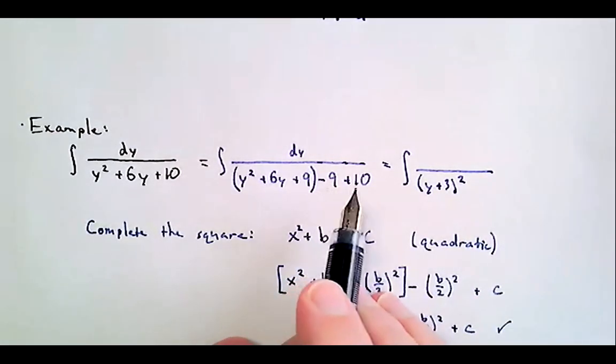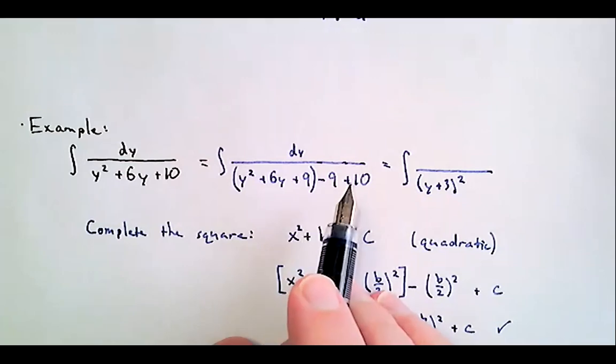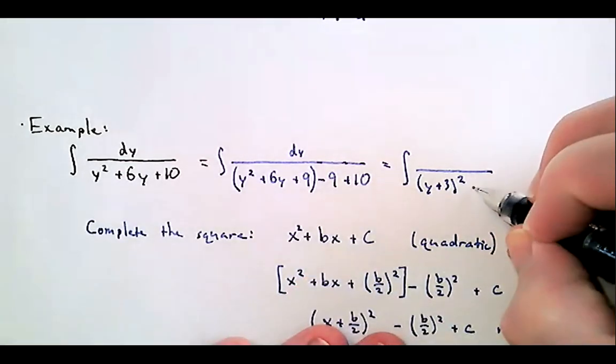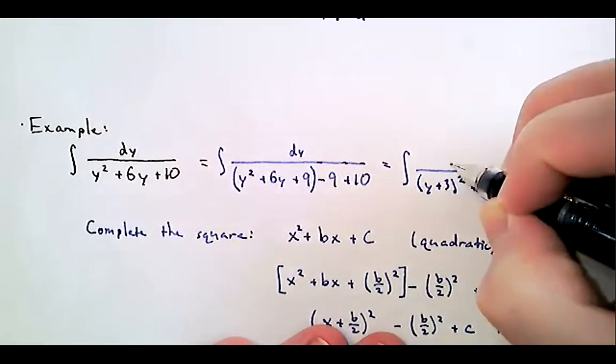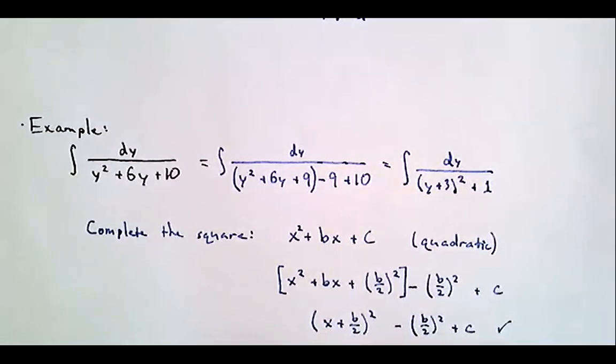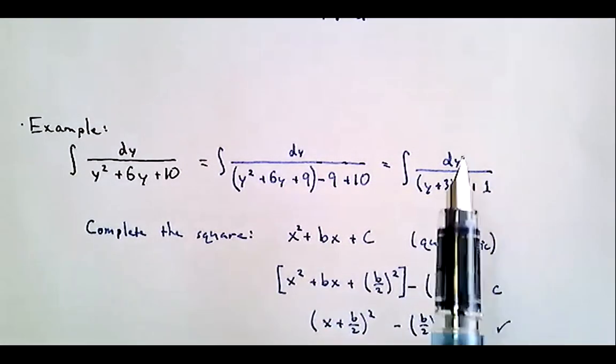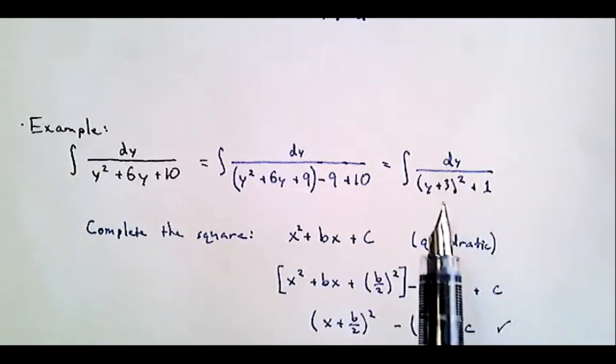And then the leftover stuff is just a couple of numbers. Minus 9 plus 10 is just plus 1. Does this look a little bit more like something that we could use our rules for?